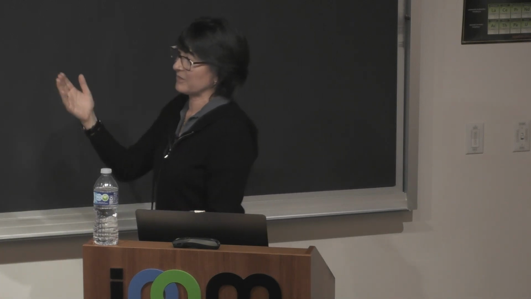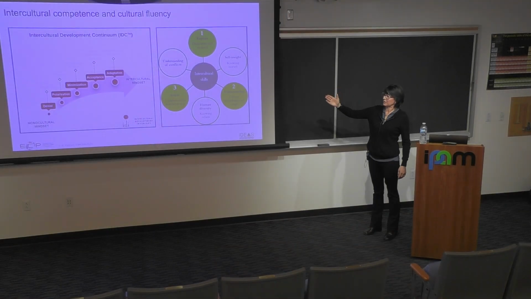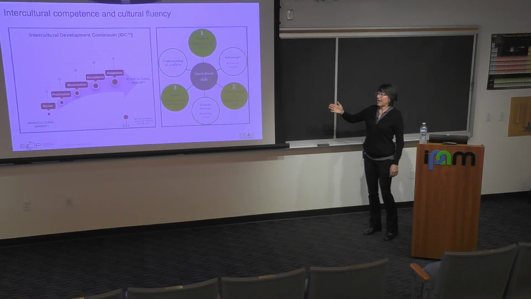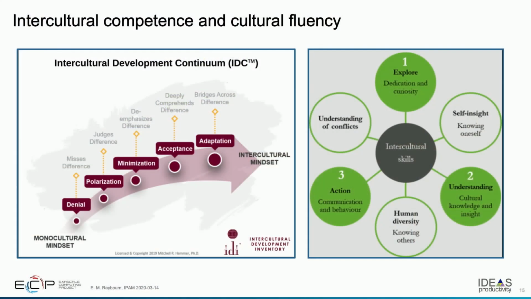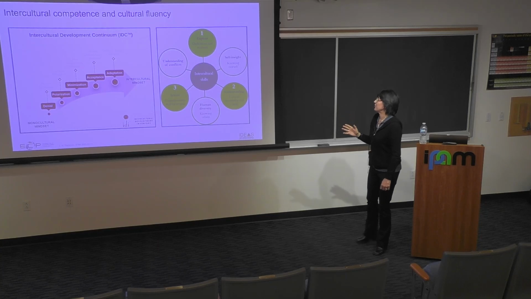And this other side here really looks at some intercultural skills. This is really delving a little bit deeper into the resiliency that I mentioned just before. And so here, part of our intercultural skills are being able to understand ourselves and others. We do this by first exploring, having some dedication to be curious, to learn about other people.